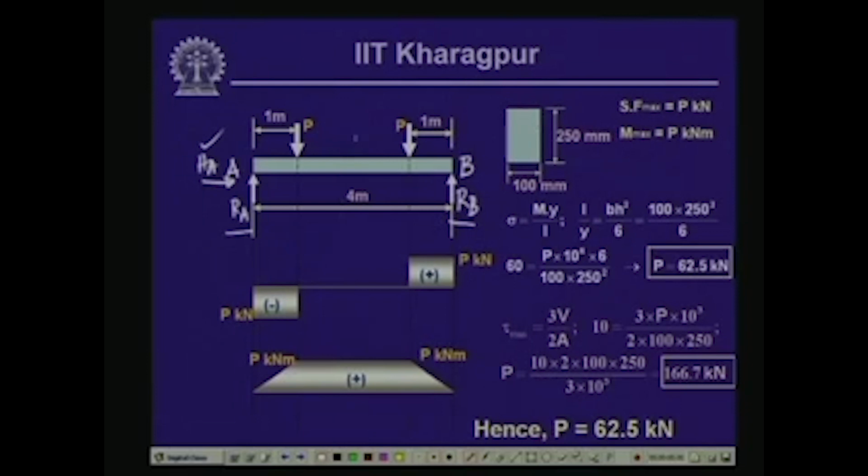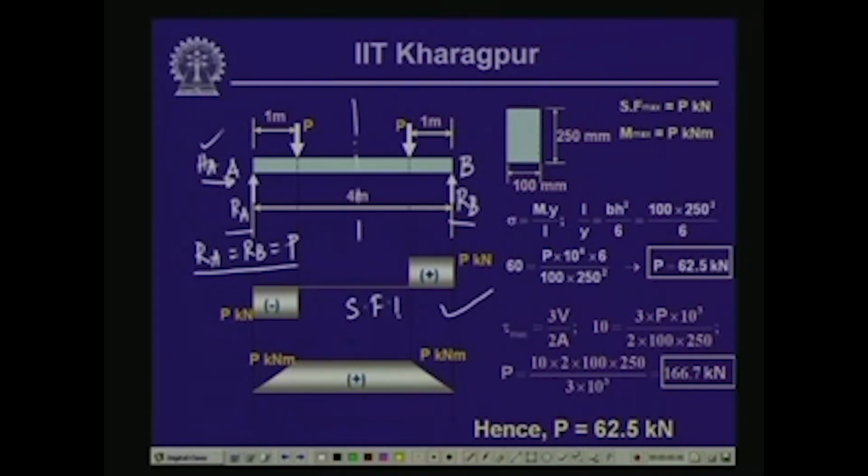Now, again, since this is a symmetrical beam with the symmetrical loading, R A equals R B will be equal to P, and this you have seen earlier as well. With these values of the reactive forces, we can compute the shearing force at any cross section, and we can draw the shear force diagram, and the shear force diagram is going to be like this.